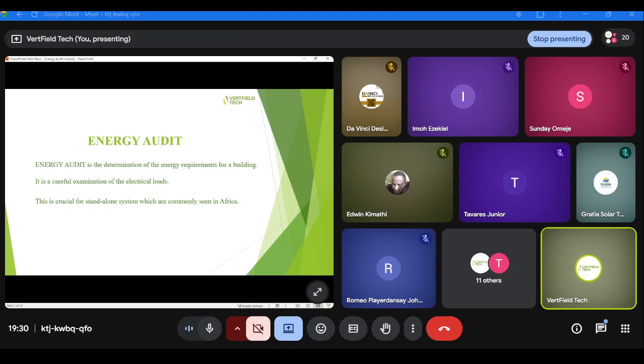So it simply means that if you are to carry out a solar system project on any facility, you have to firstly know what you intend to power up, or what your client wants you to power up, or what your client will be using, the loads or appliances that are going to be powered up using that solar system when it is installed. That is what we mean by getting the energy requirement for that building.